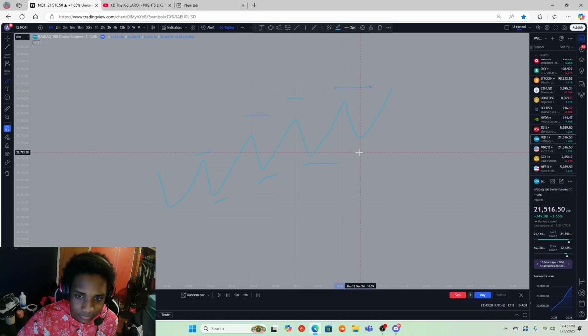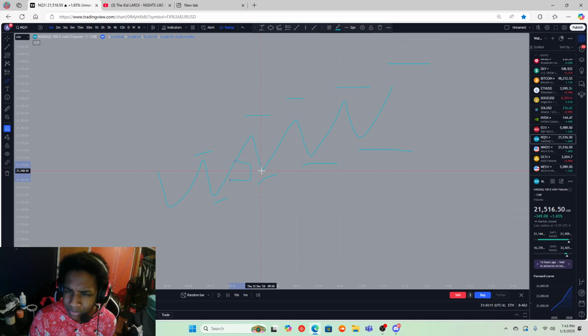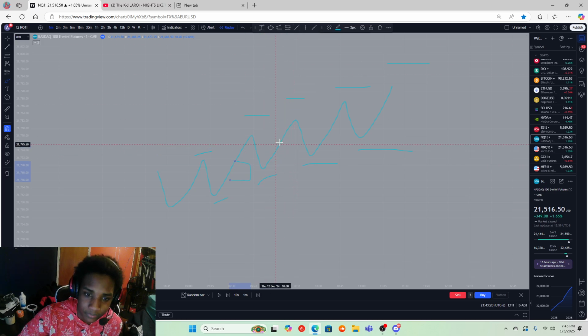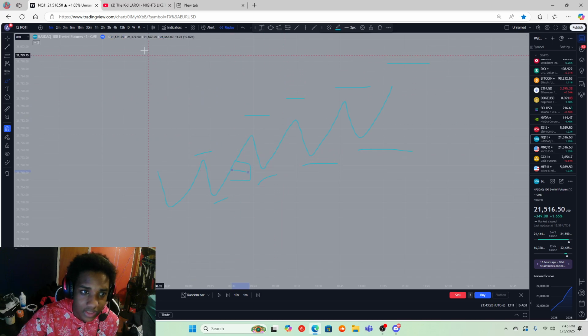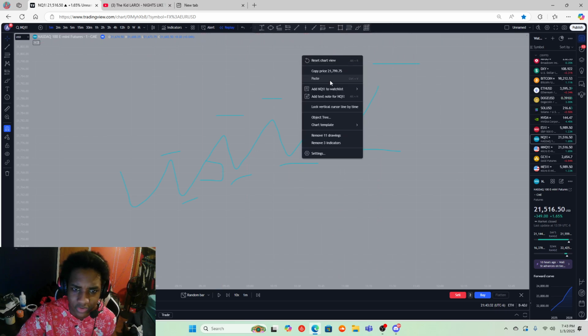Internal liquidity is going to be your fair value gaps, your order blocks, your breaker blocks, anything like that. That's going to be your internal liquidity. And a lot of liquidity. So if I'm shorting, I'm going to target not only these lows here, as I talked about before, but we're going to target the fair value gaps. Now, I'll just make this one longer. This video is going to be a lot longer.